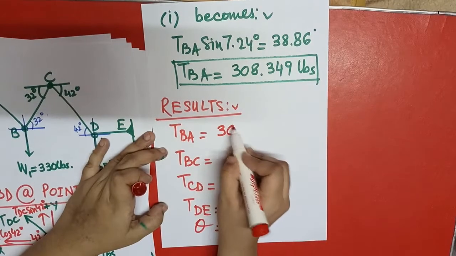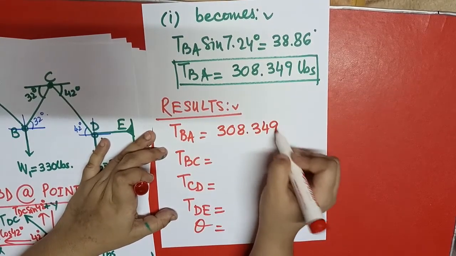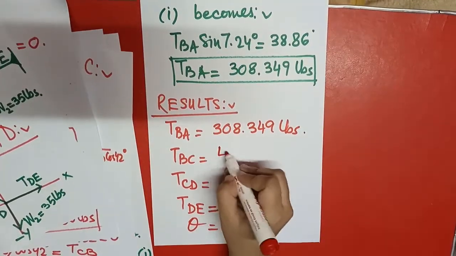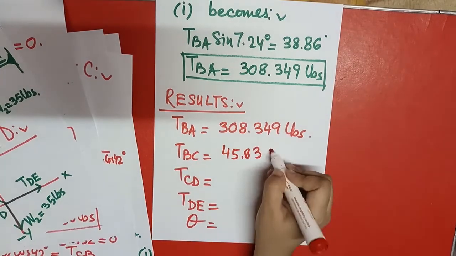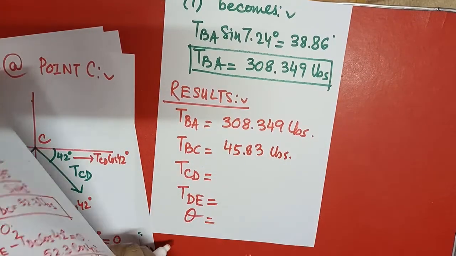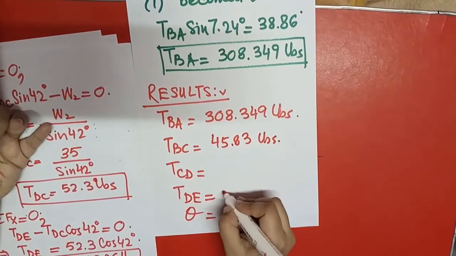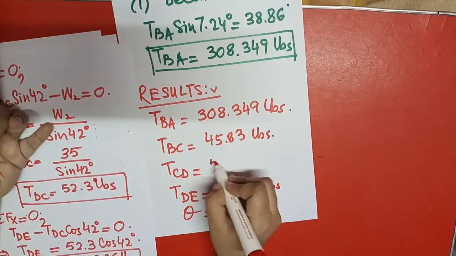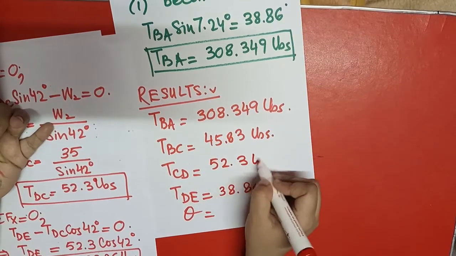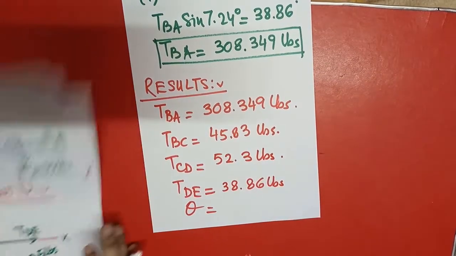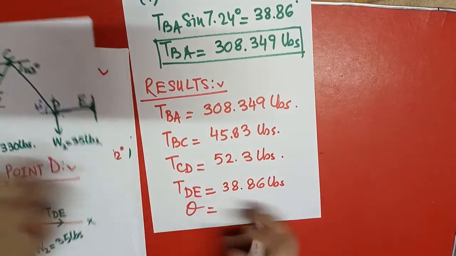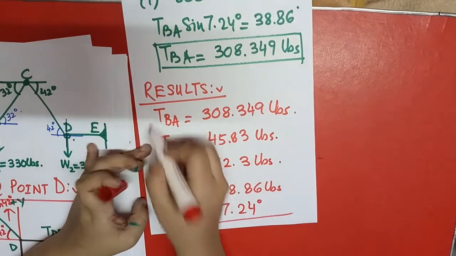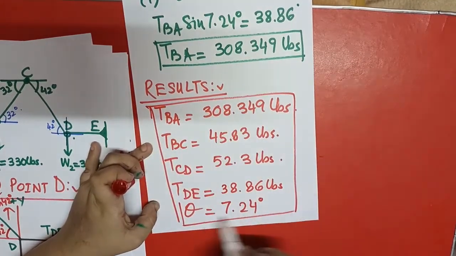TBA is coming out to be 308.349 pounds. The value of TBC is 45.83 pounds. The value of TDE is 38.86 pounds. The value of TDC is 52.3 pounds. And the value of angle theta is 7.24 degrees. So this will be your answer.